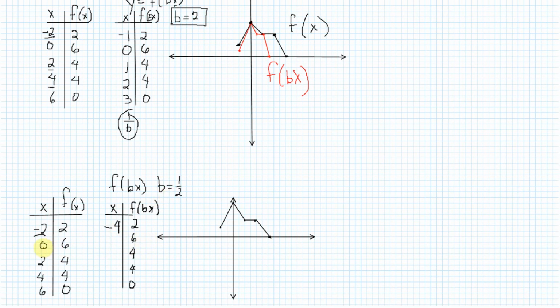And to get 0 out, I just use 0. To get out the 4, I need to have a 2 going in. What number do I need to multiply 1/2 by to give me 2? That's going to be 4. And this will be 8, and this will be 12.